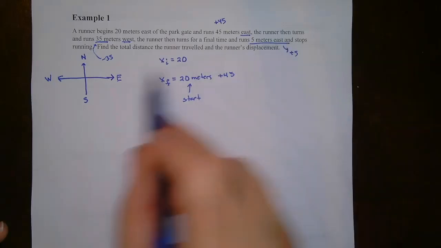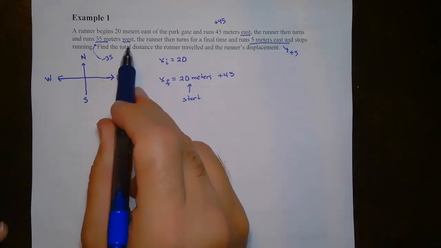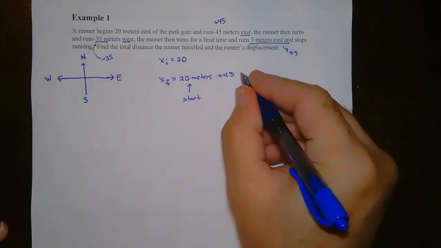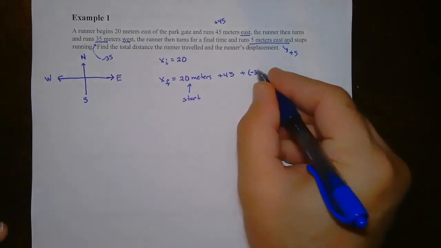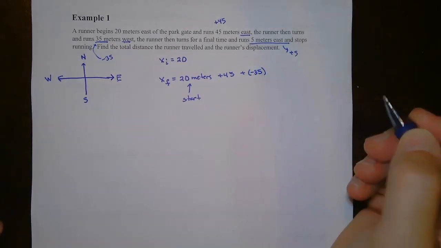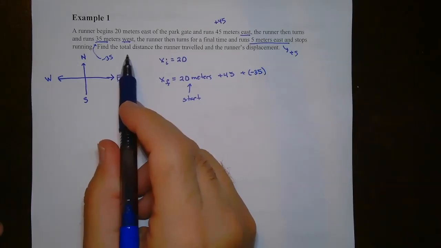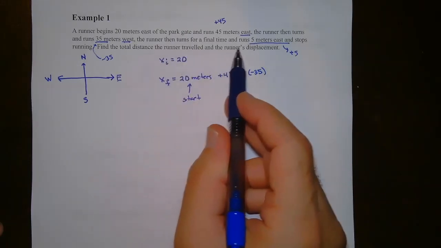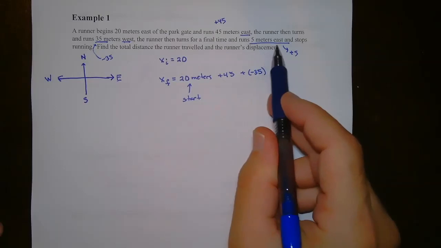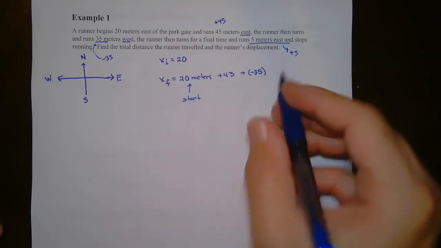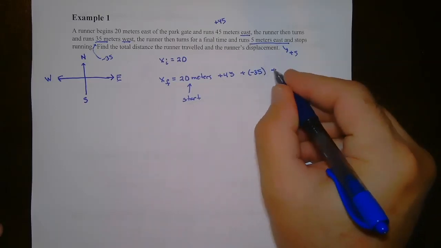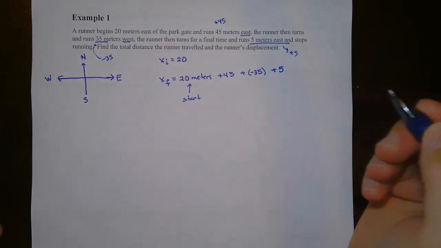The runner then turns and runs 35 meters west. So now that's going to be plus a negative 35. You could also write this as minus 35. And then the runner turns for the final time and runs 5 meters east. So we're going to go in the positive direction again, so positive 5. So we're going to add 5.